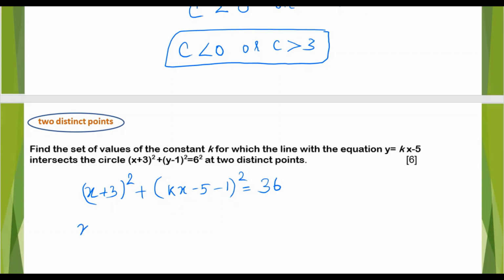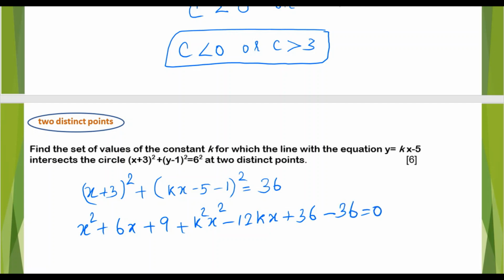Now expand this one, x square plus 6x plus 9 plus k square x square, and this is minus kx minus 6, so minus 12kx plus 36, and bring that 36 to the left hand side, minus 36 equal to 0.